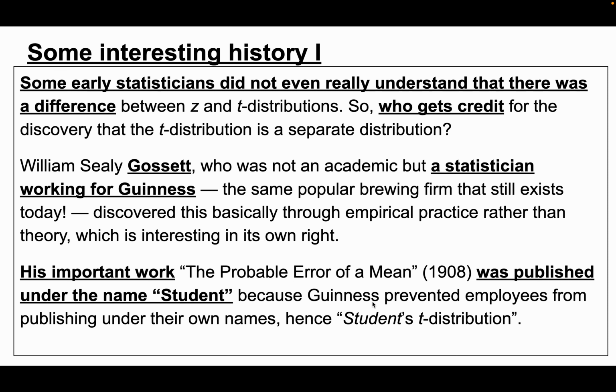At least that's one version of it. There are some other versions of this story, but basically he had to use a pseudonym. And so he became known to history, at least for a long time, as Student. This is why you'll sometimes see this referred to as Student's t-distribution. It actually has nothing to do with the fact that a student might use this. That's just Gosset's pseudonym, which is possibly a confusing thing.